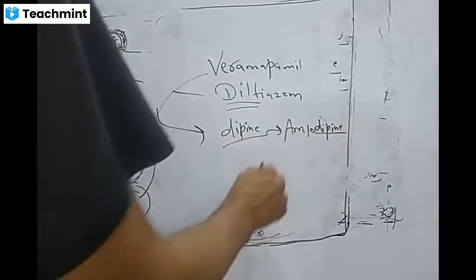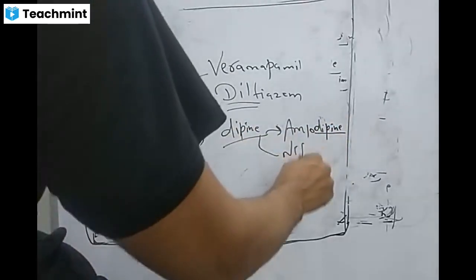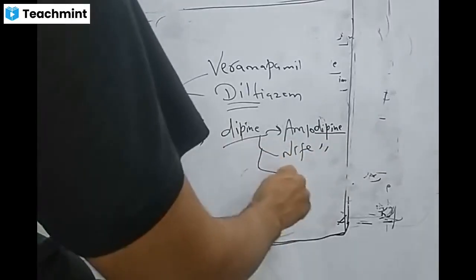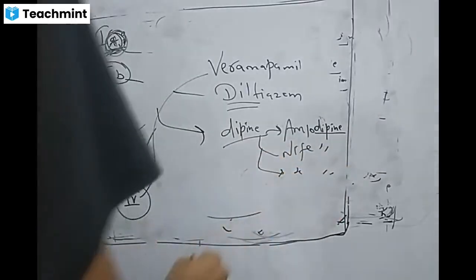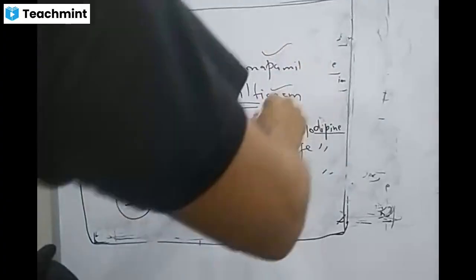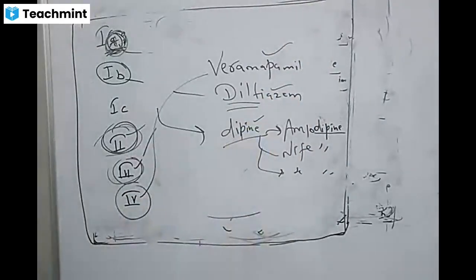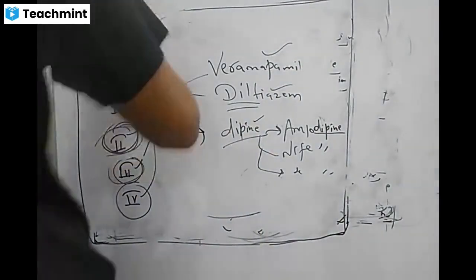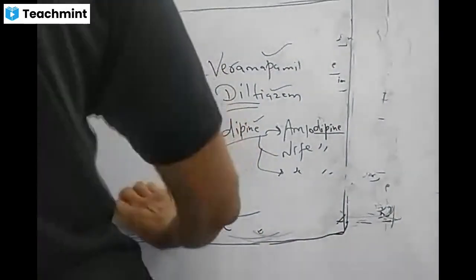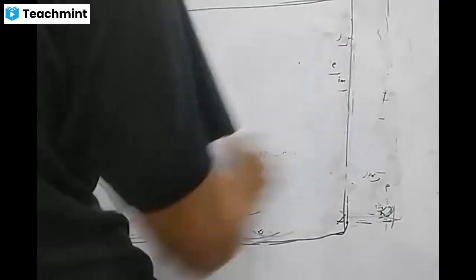Their surname is dipine: nifedipine, and some other dipines. So there are only three in the case of calcium channel blockers. So this was about the classification and how to remember their examples.